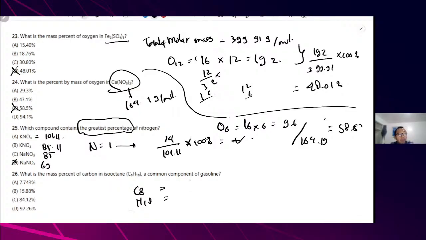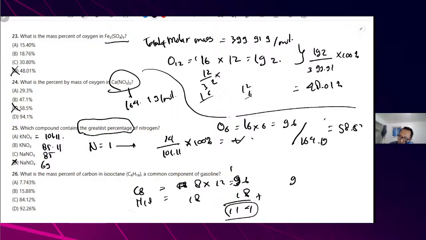H is 18. If we look at the molar mass of each item, 8 times 12 is 96. This one is 18, still 18. Just adding everything together, the total molar mass becomes 114.